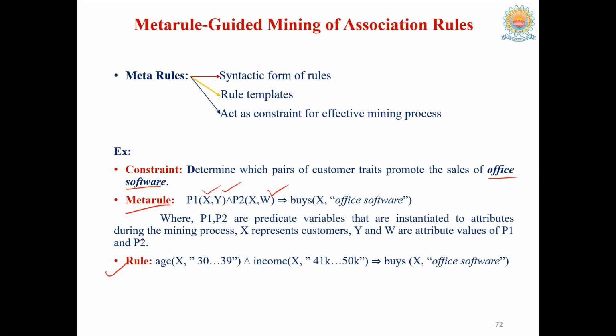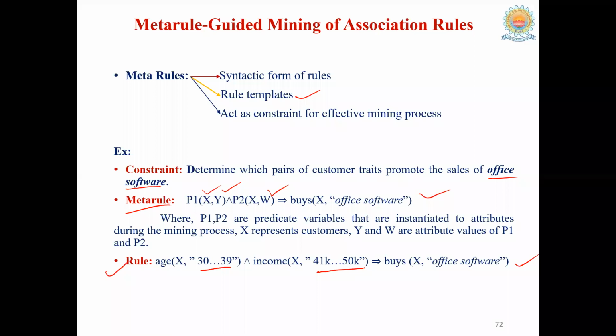As I already told, the meta rule acts as a template, so based on that you can generate the actual rule. Here the predicate variables are age and income, and the values for y and w are 30 to 39 for age, and income from 41 to 50. These are the values for the predicate variables.